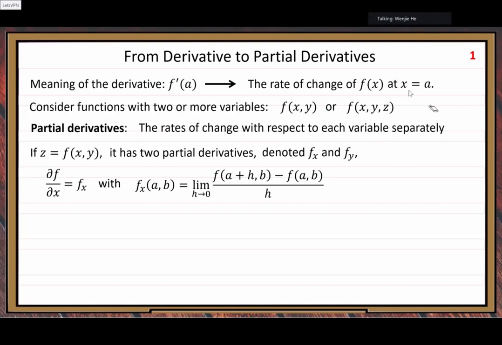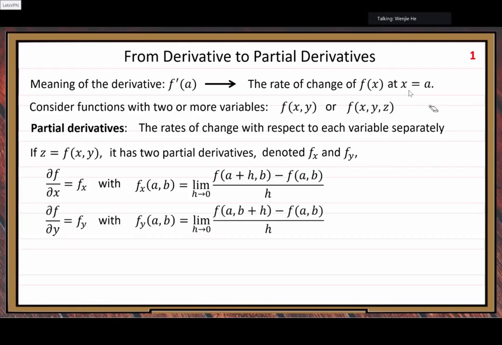The second variable we never change when we take the limit. So that's the first partial derivative. Similarly, for the second partial derivative, we do the same thing on the second variable. So that's the review. I think you saw this before.